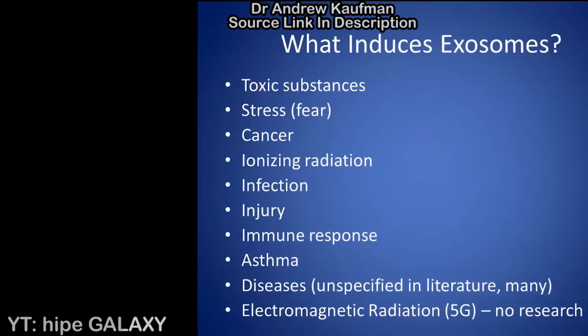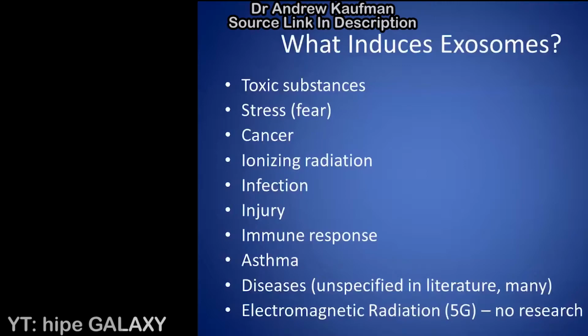What is it that causes us to make more of these exosomes and throw them out into our circulation? So it turns out that almost every type of insult to the body would actually cause this process to occur. So toxic substances, and I found several papers looking at this. Some of them looked at environmental toxins, such as heavy metals like arsenic, and organic chemical toxins.